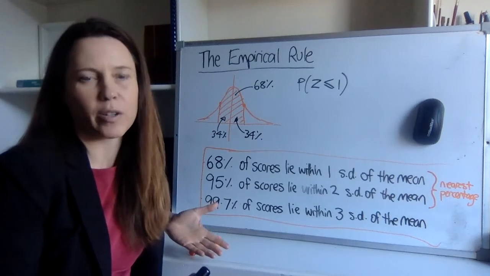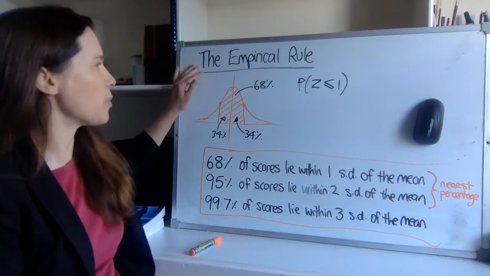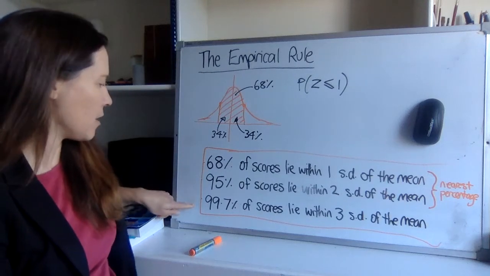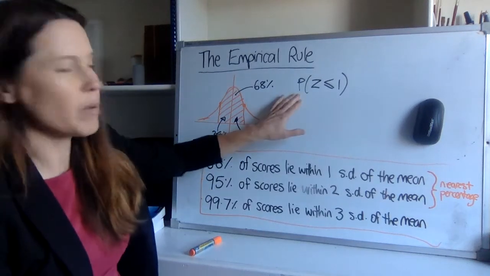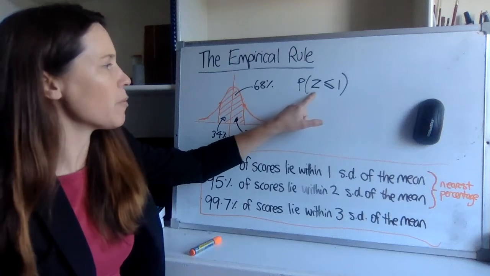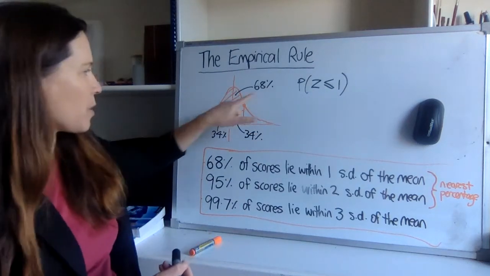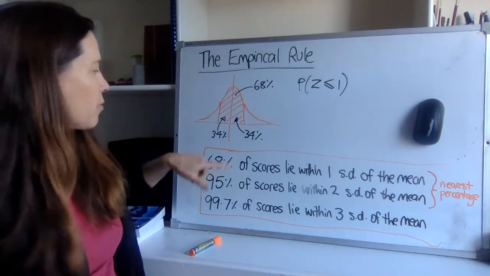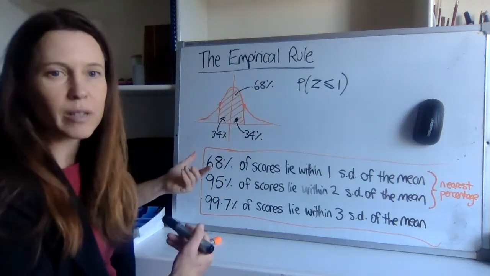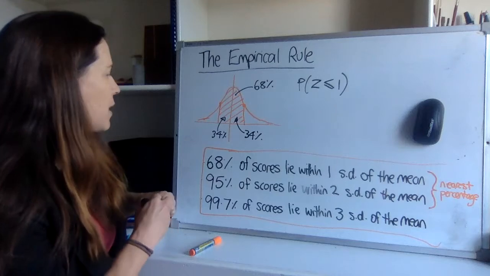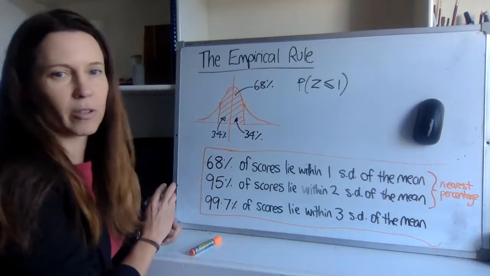So if you're asked a question like, use the empirical rule, which means these numbers, to find the probability that a random variable has a z-score less than 1, you're going to be thinking about this 68, sure, but you really need to do a quick sketch, as we did when we were using the z-score tables, and reason that you've got your 34% on each side.